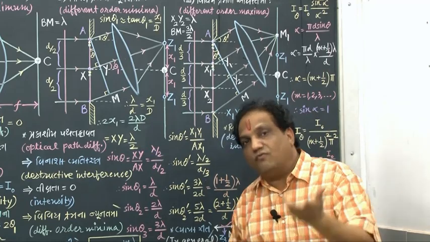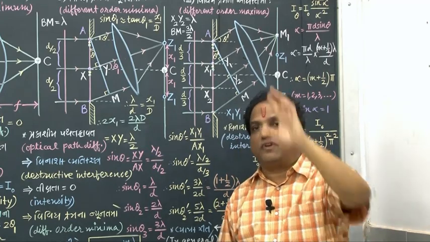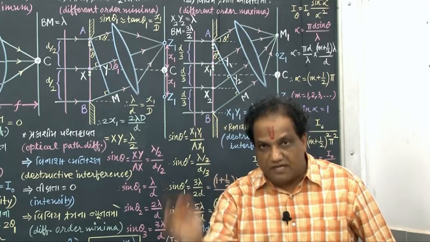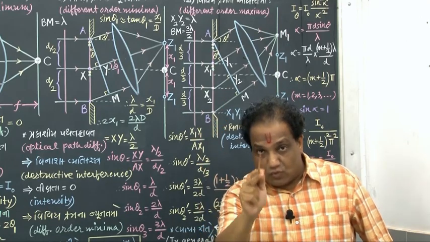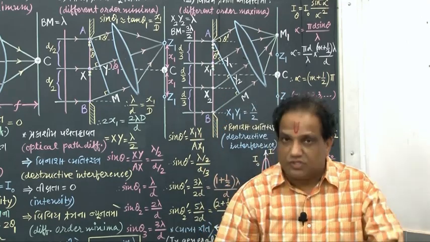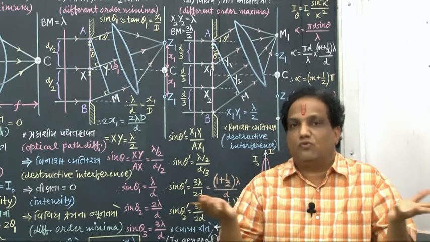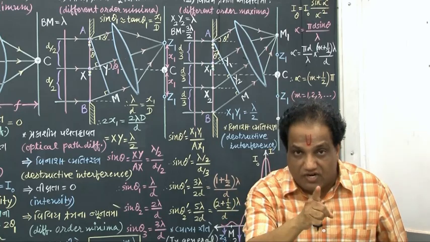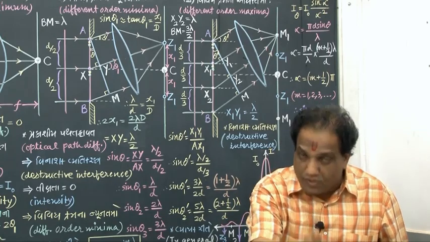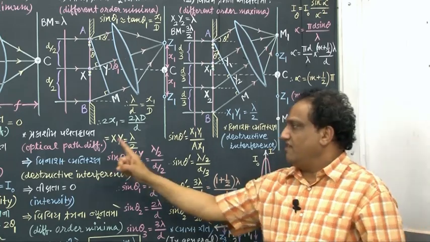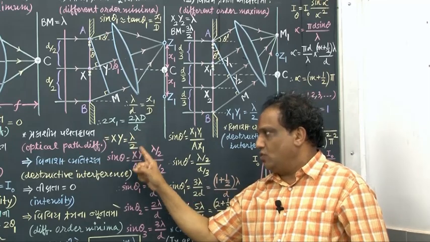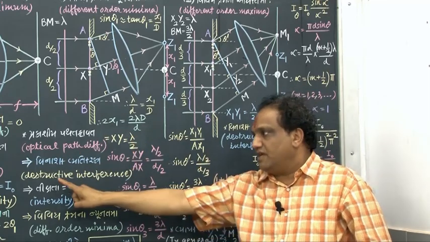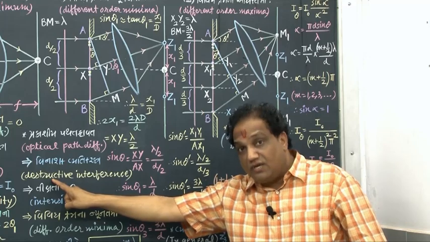Now tell me, what was the condition for destructive interference? The condition was that the path difference should be equal to (2n minus 1) lambda by 2. Just put n equal to 1, then you will get path difference lambda by 2. So in case of destructive interference, path difference is lambda by 2. Just pick the opposite: if path difference is lambda by 2, the type of interference must be destructive.